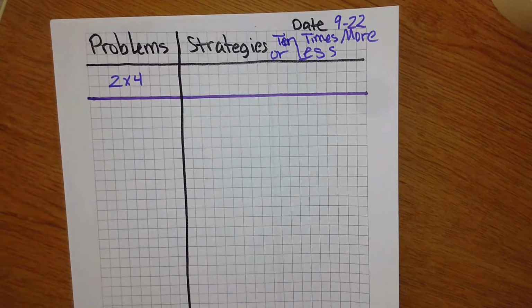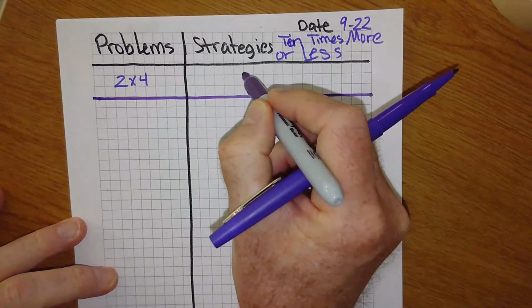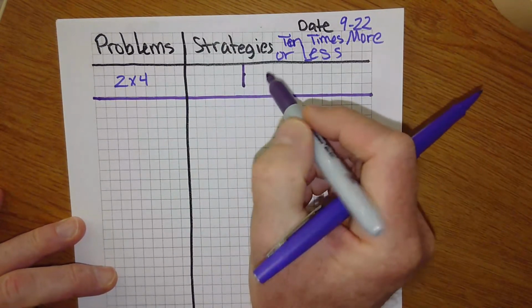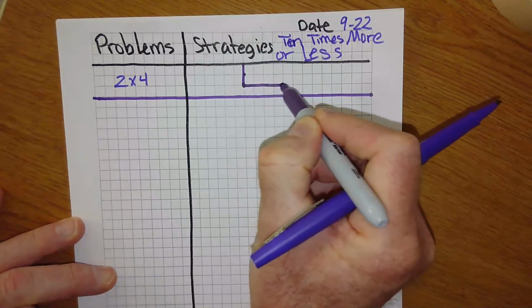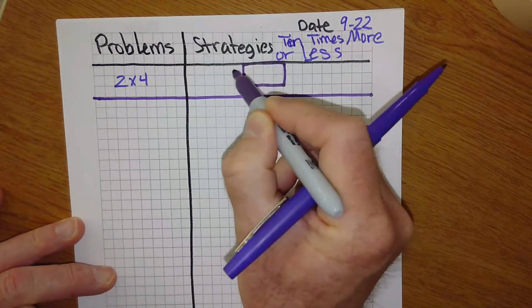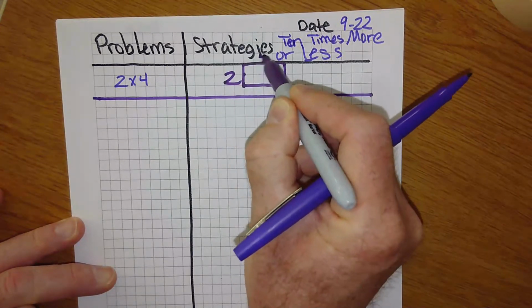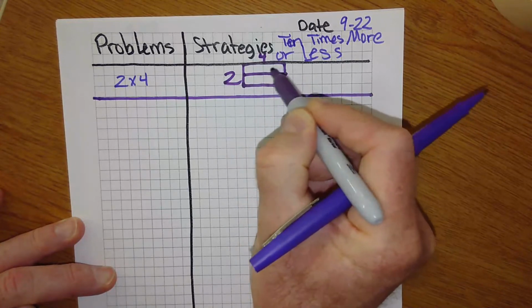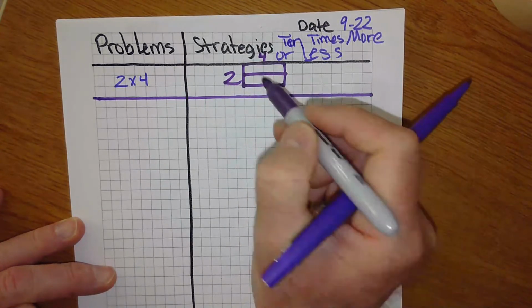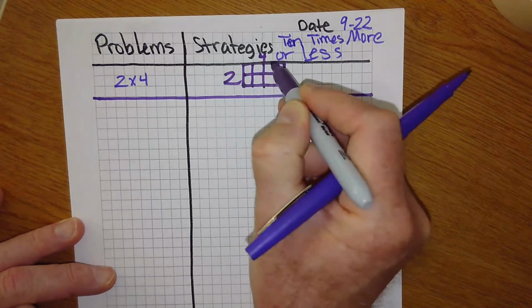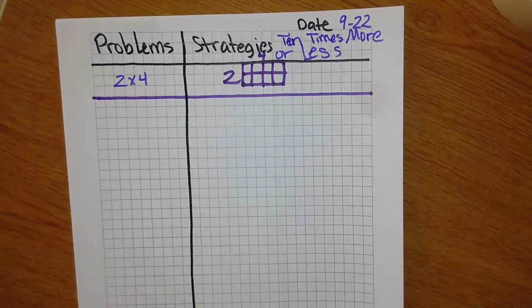2 rows, because 2 is our first number. And how many columns? 4. 2 rows of 4. 2 times 4. And then if I put my rows in, there they are. And my columns, there they are. Now this array is one kind of array.